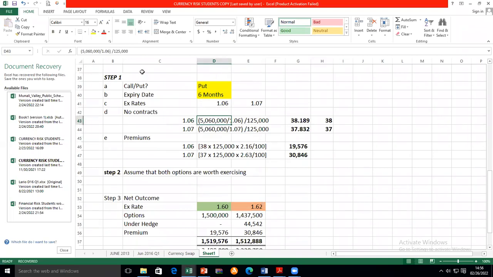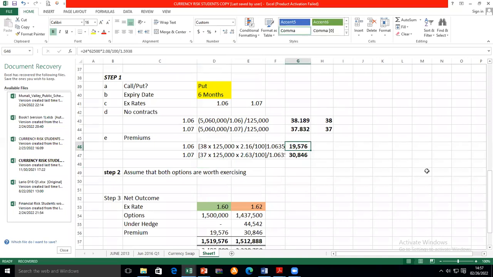1.0635. So you come here and you divide by 1.0635. So that's what you have.